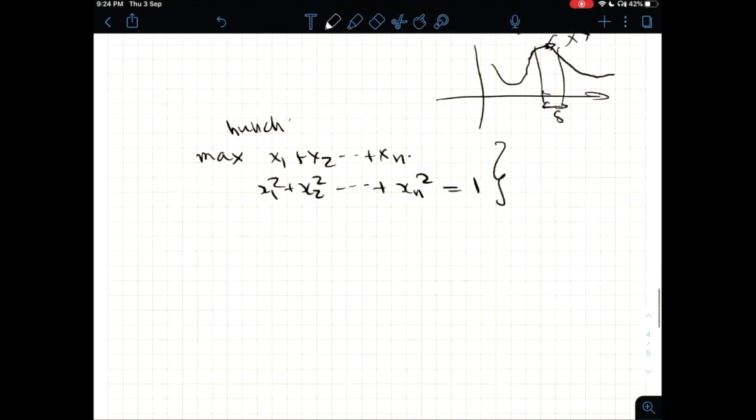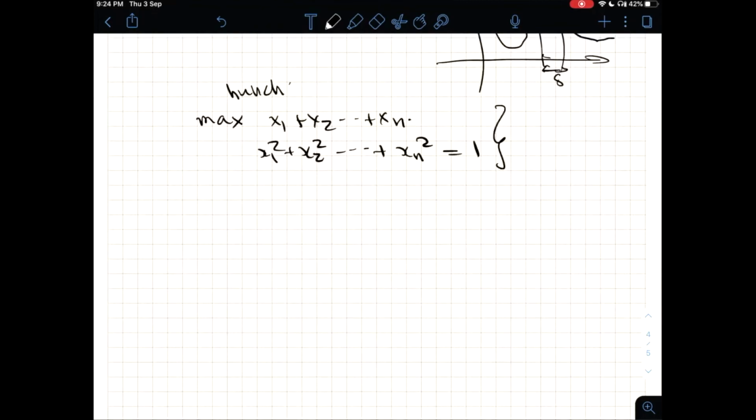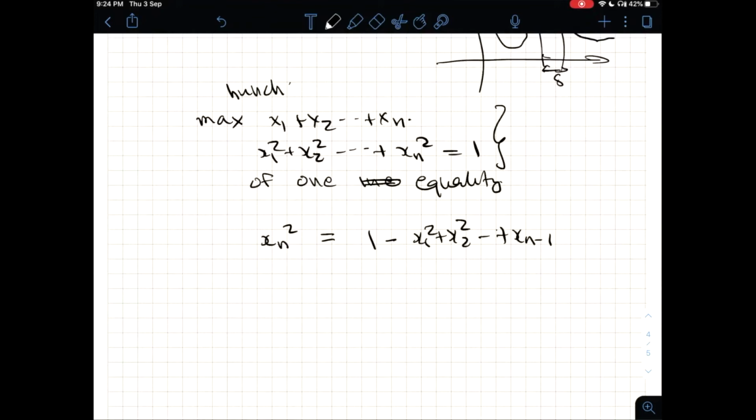But what is my problem here? My problem here is of one equality constraint. So I will convert this to an unconstrained problem by writing xn square as 1 minus the quantity x1 square plus x2 square plus up to xn minus 1 square, and the square root of that.